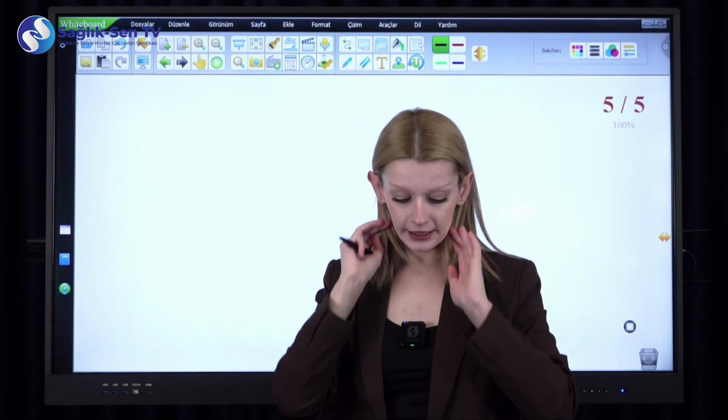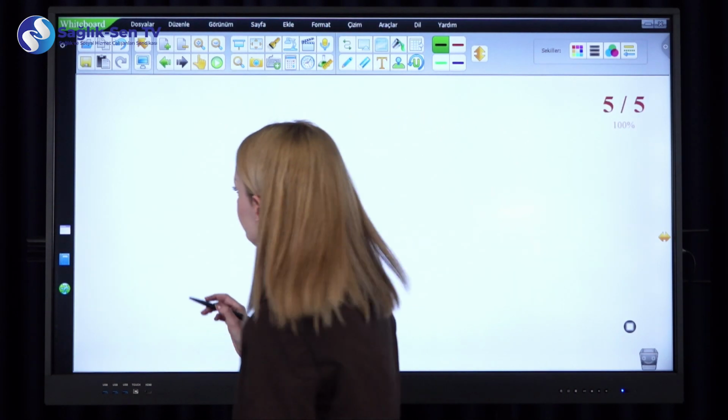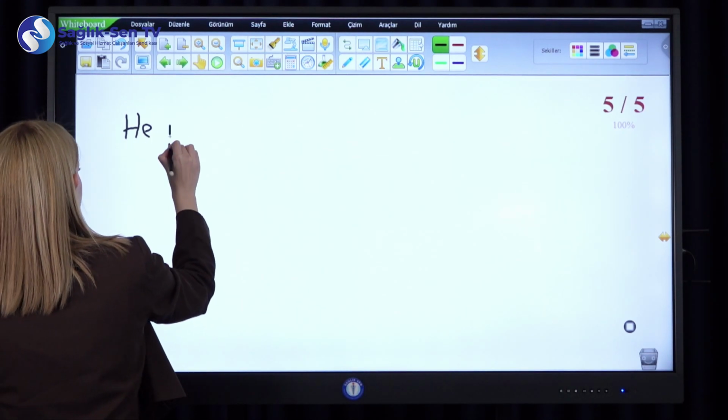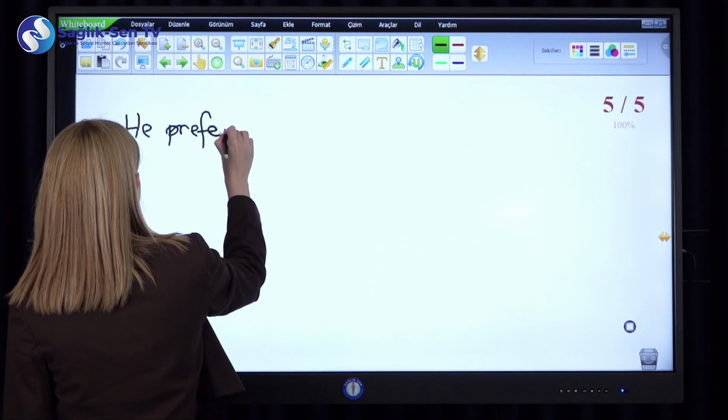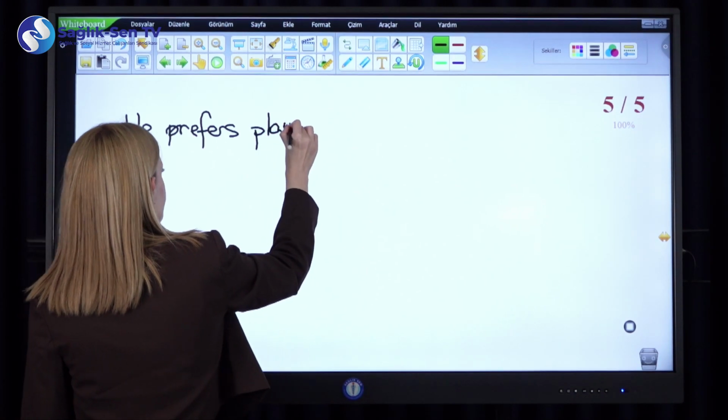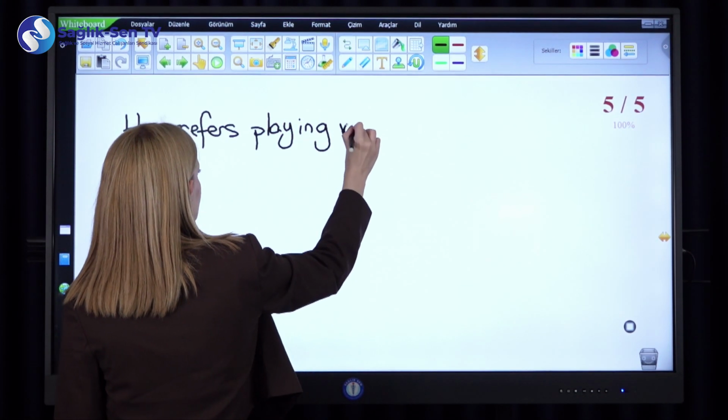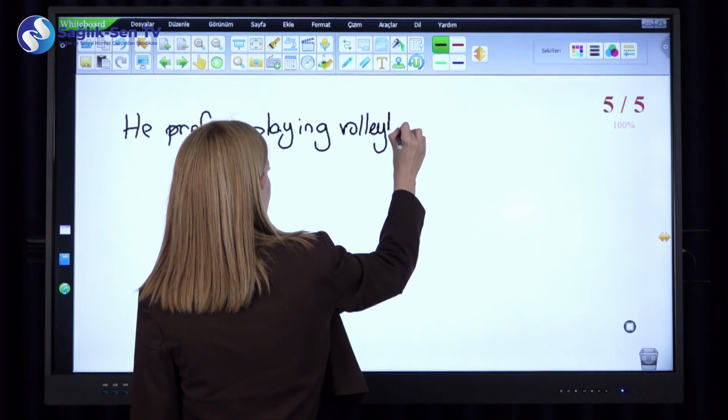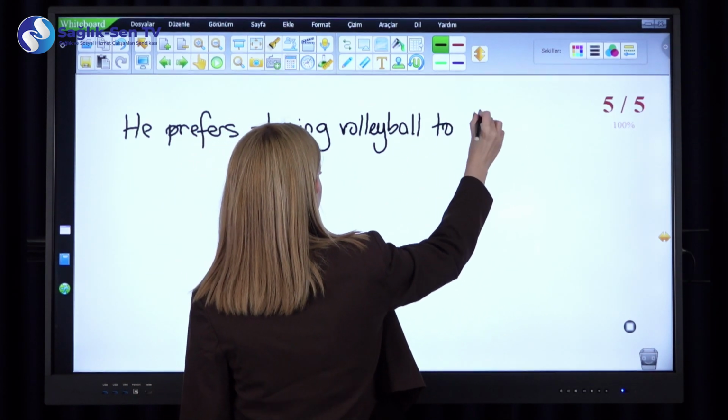And our next example, he prefers playing volleyball to football.